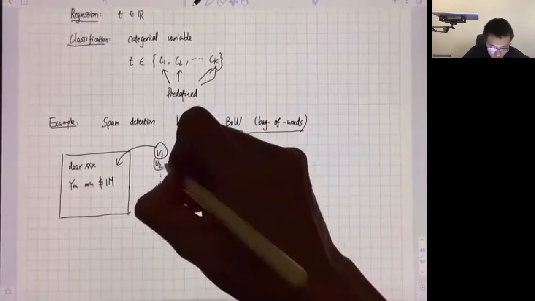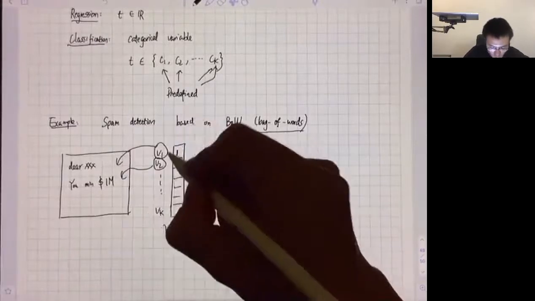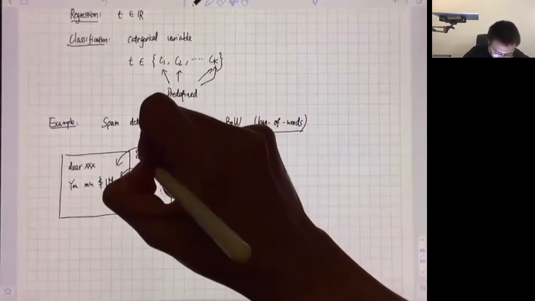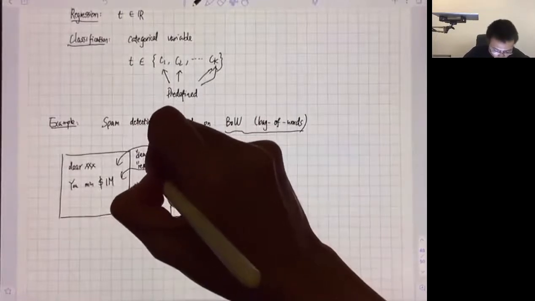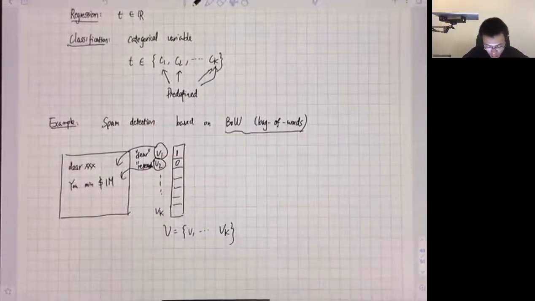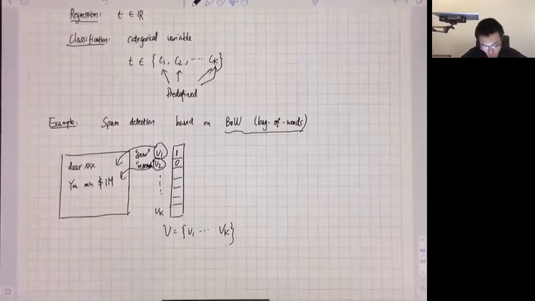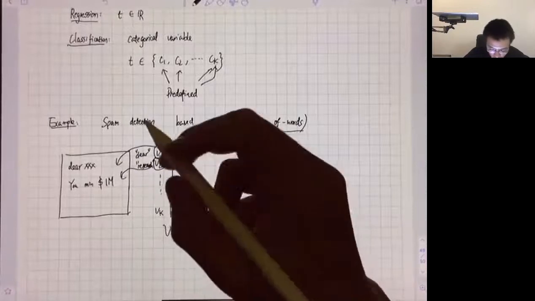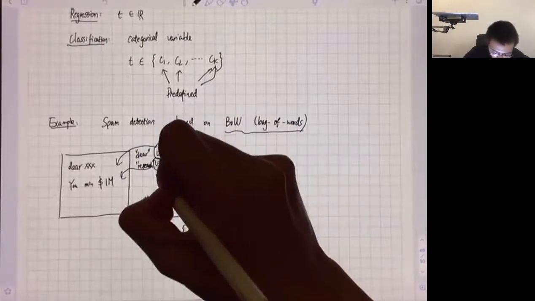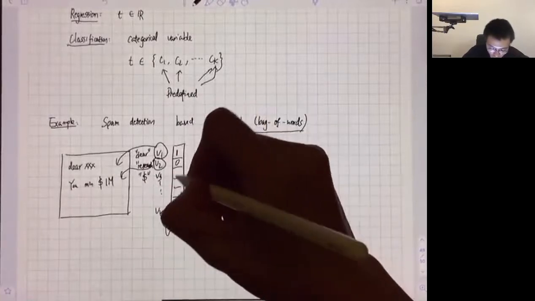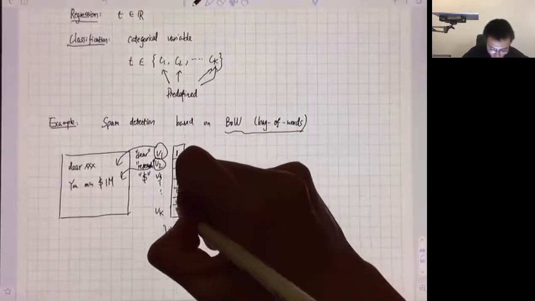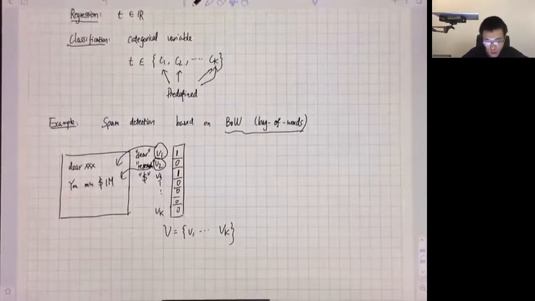If V2 does not occur in this email, you say it's 0. For example, V1 is "dear." V2 is maybe "research." Spam usually doesn't talk about research, although there's some spam conference, I don't mind. But let's assume this email does not contain research. V3 is "dollars." So you can have a binary indicator of whether the word occurs or not. This is one of the bag of words features, with binary indicators.